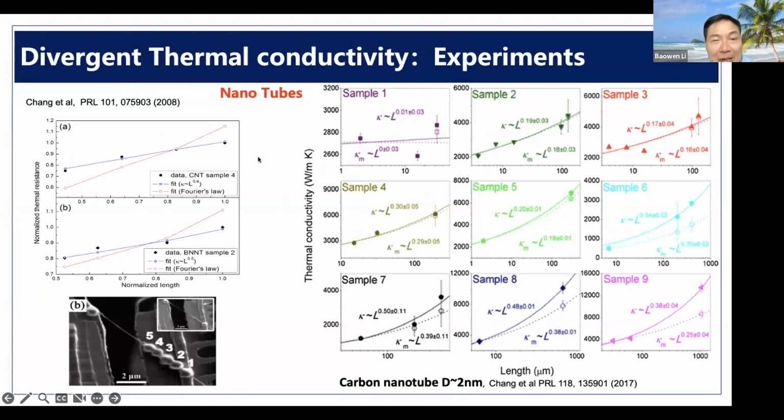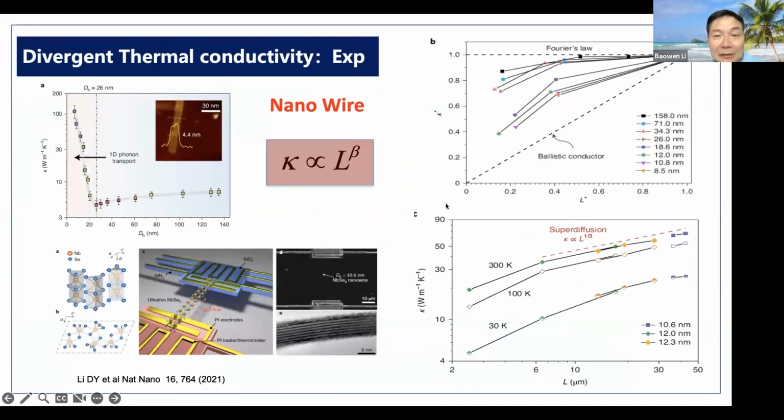There are also experimental works, like nanotubes, which give around 0.6, 0.5. This is for carbon nanotubes and for boron nitride. For the carbon nanotube, Professor Zhang and his group in Taiwan extended to very long, very thin nanotubes, with a diameter of 2 nanometers and length up to 1 or 2 millimeters. All 9 samples show divergent thermal conductivity. And there are two very good recent experiments from Li's group.